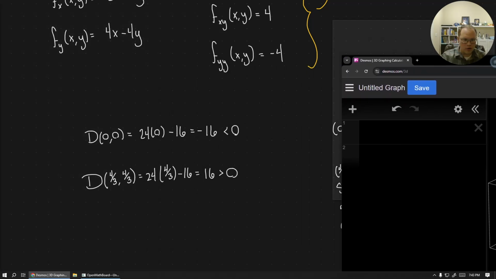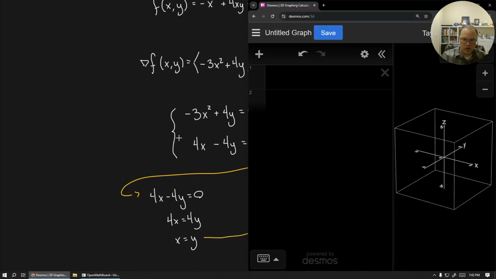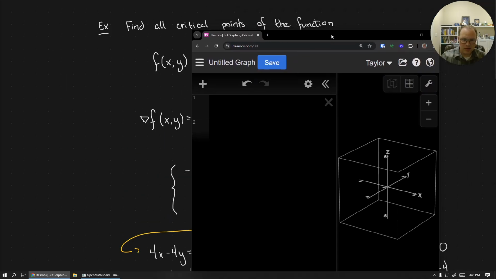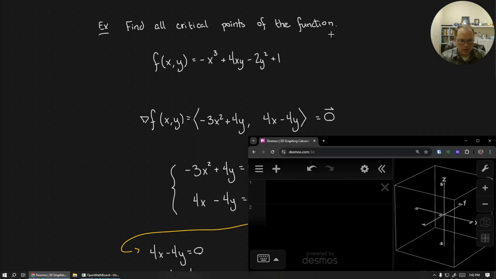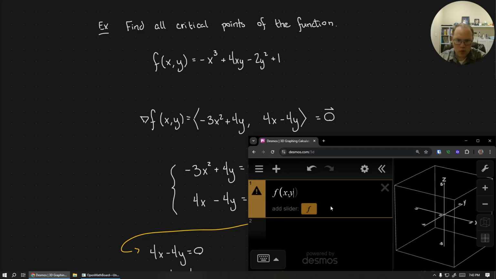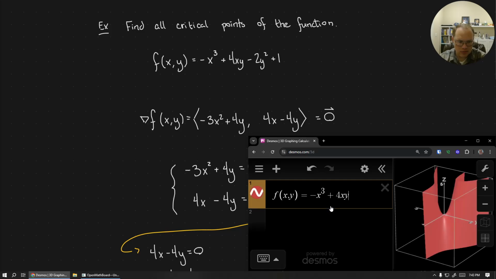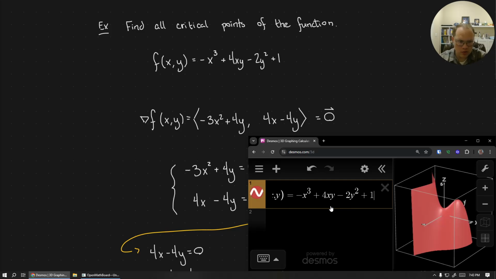Let me pull over our graphing calculator here. Let's start by plugging in our function. We have f of x, y equals negative x cubed plus 4xy minus 2y squared plus 1.